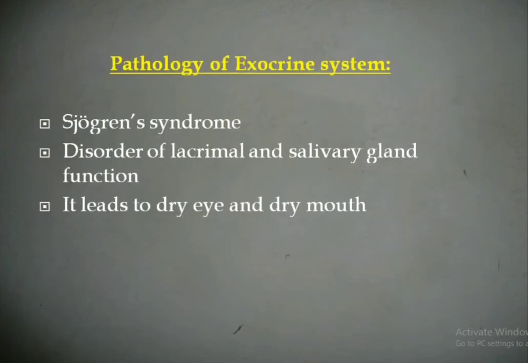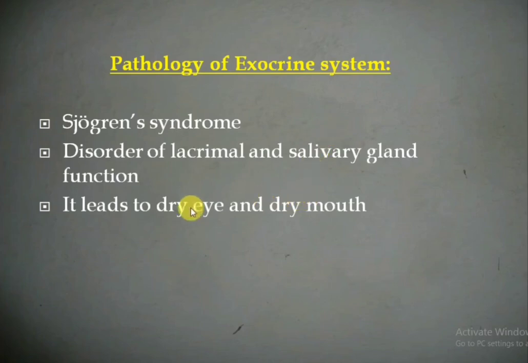Now we will see the pathology of the exocrine system, that means diseases or disorders of the exocrine system. Sjogren's syndrome: what is it? Whenever the lacrimal and salivary glands don't function properly, it leads to dry eye and dry mouth.